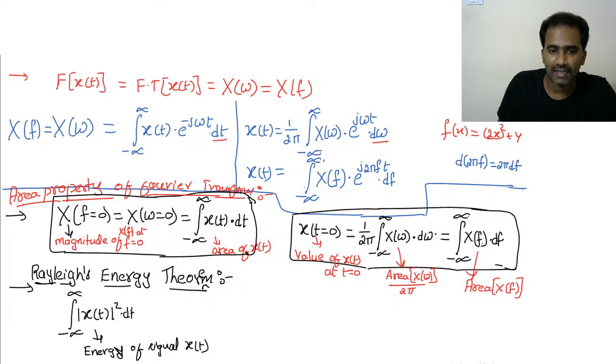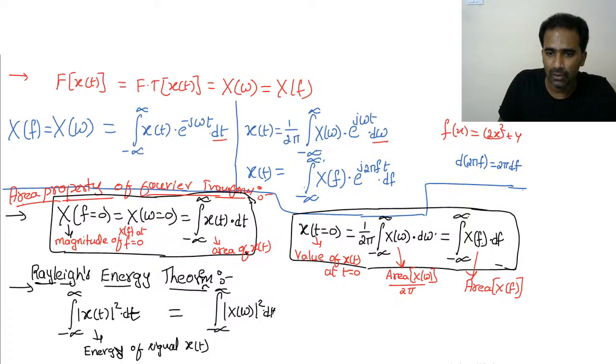And what Rayleigh's energy theorem says is, whatever energy you are finding using the time domain signal is the same as the energy you find using the frequency domain signal also. How do you find the energy? Basically squaring it and integrating it. So if you take the Fourier transform, square it and then integrate it.